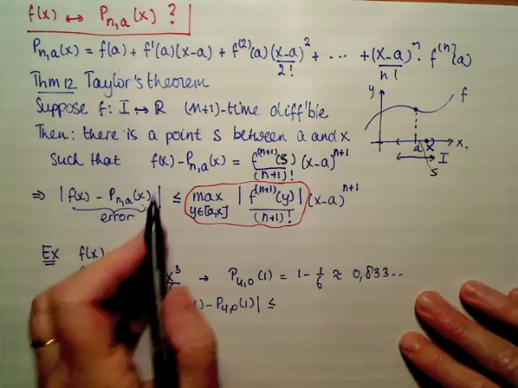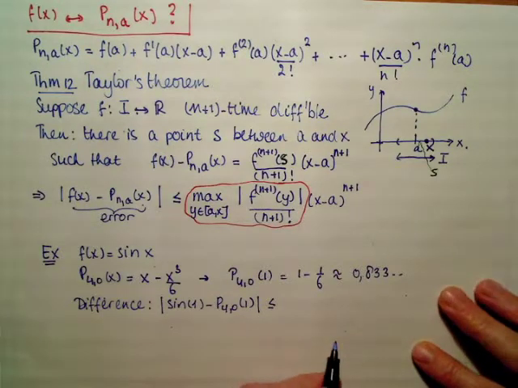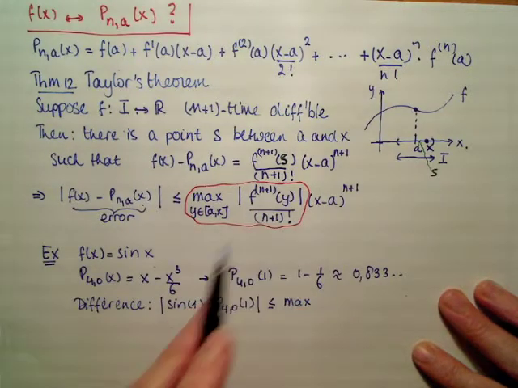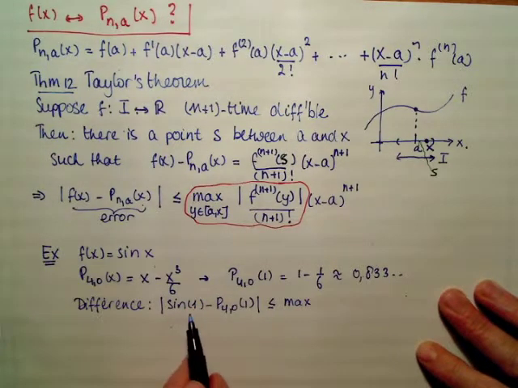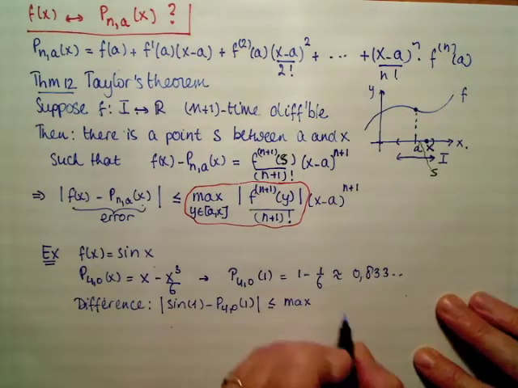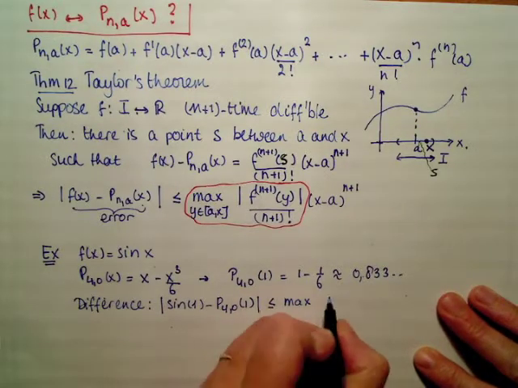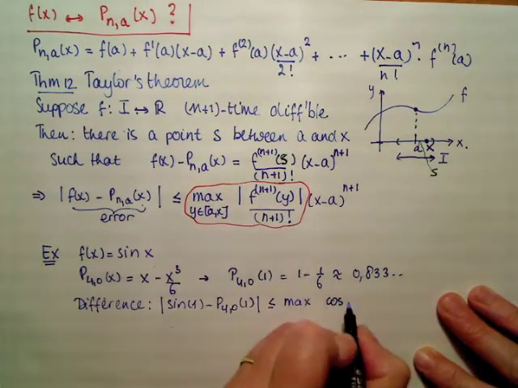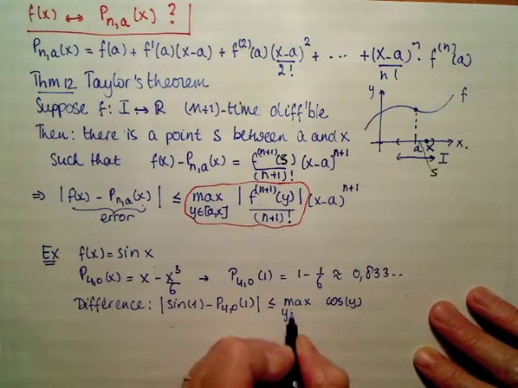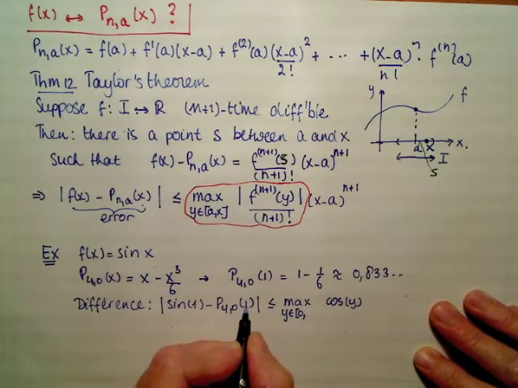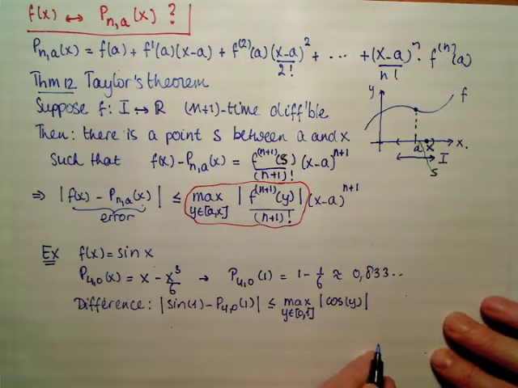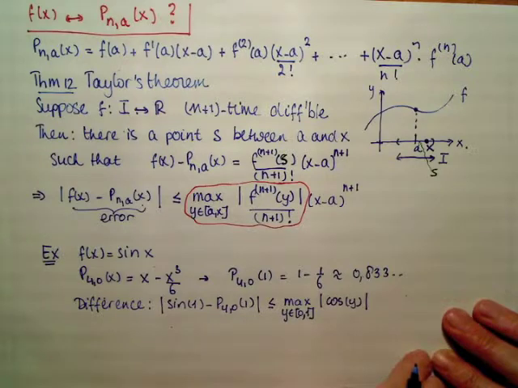Well, according to our theorem, this is less or equal to the maximum value of the n plus 1th derivative, which is the 5th derivative of sine of x, and the 5th derivative is cosine of x, in this case cosine of y, and we take now y between our base point 0 and our point of interest 1, and of course we have to take absolute values because we have to bound a difference in absolute value.